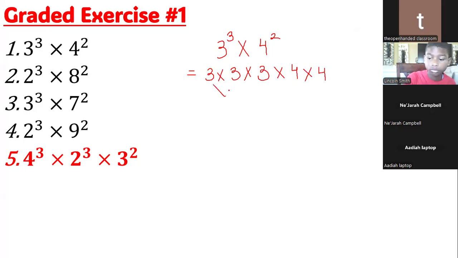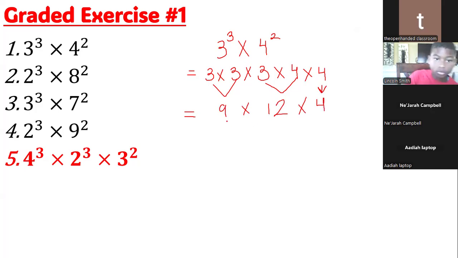Then what do we do at this point? We multiply 3 times 4. 3 times 3 first. What is 3 times 3? 9. Very good. Multiply by what? What is 3 times 4? 12. Good. Bring down the 4. Good.